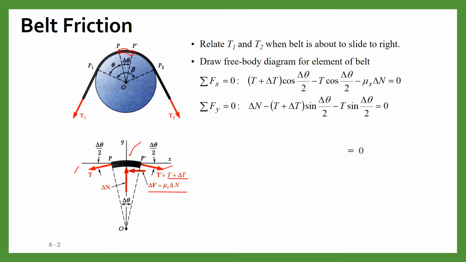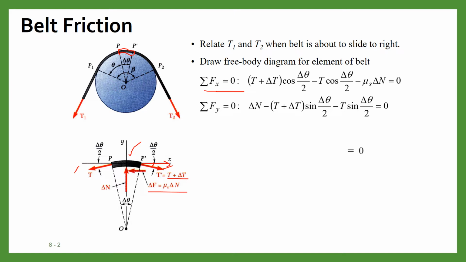Now from the free body diagram, the summation of Fx will be equal to 0. In the x direction we have (T plus delta T) cos theta by 2. This angle is theta by 2, and the component of this force will be here like this.